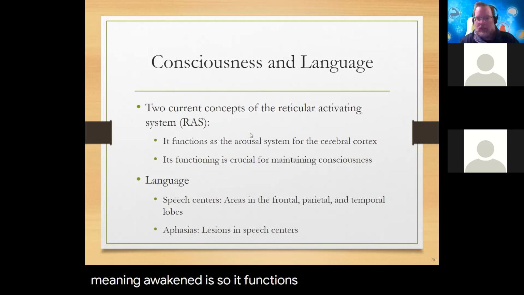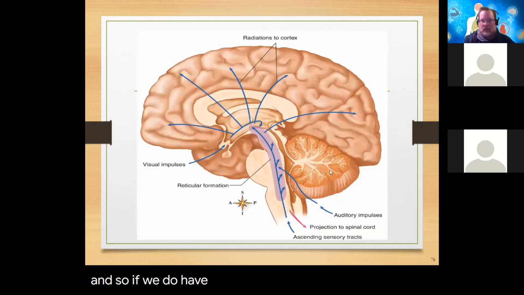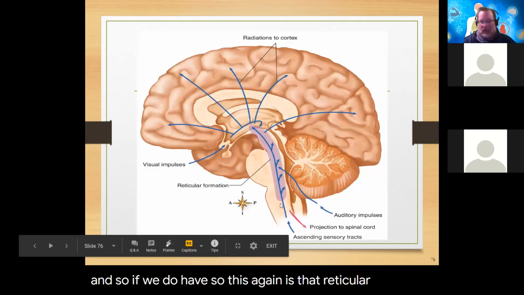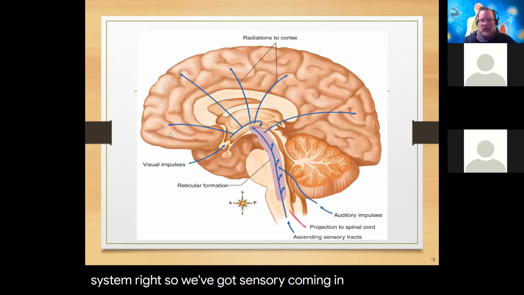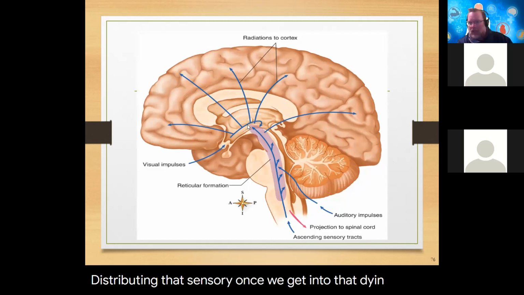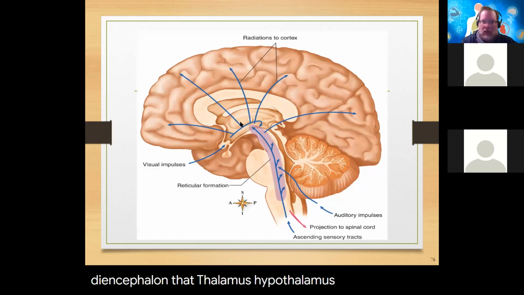It functions as the alert system, or awake system, or arousal system for the cerebral cortex, and it's what helps us maintain consciousness. So we've got sensory coming in and then distributing that sensory once we get into that diencephalon, that thalamus and hypothalamic area.